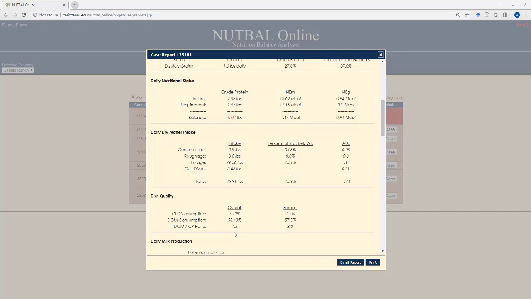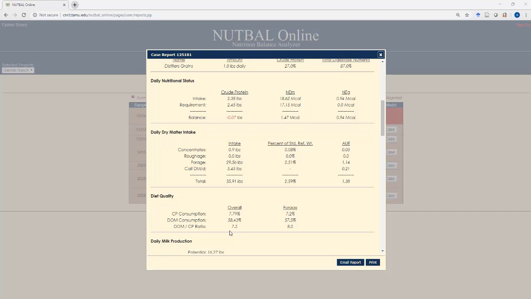As I mentioned before, the DOM-CP ratio indicates rumen efficiency, which basically refers to the balance of carbon to nitrogen in the rumen and how that balance affects rumen microbial function.